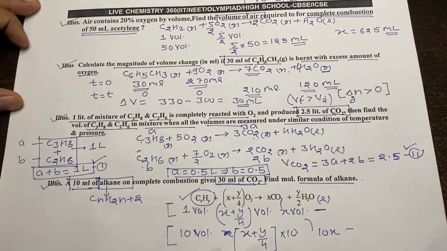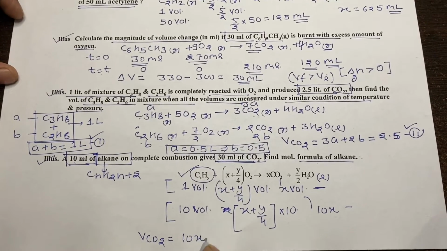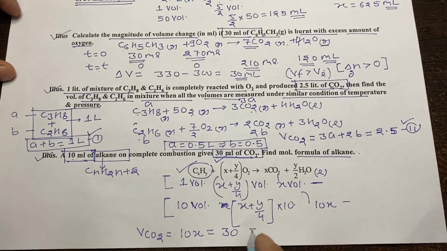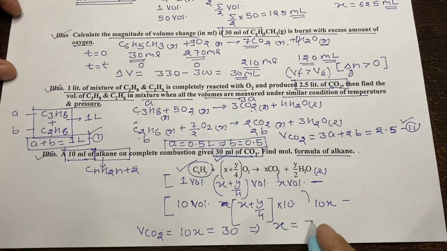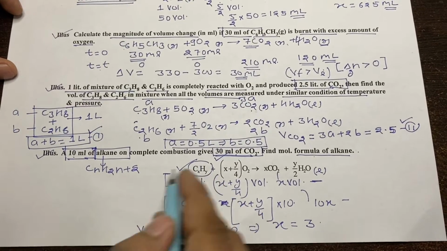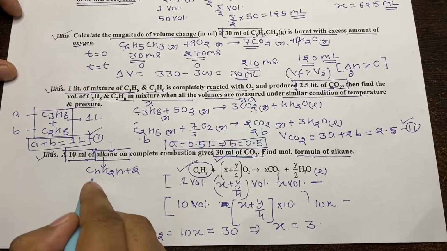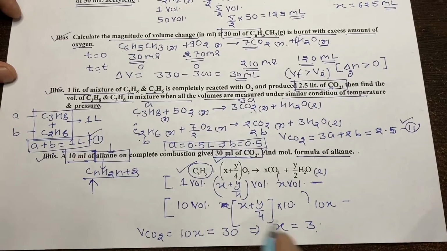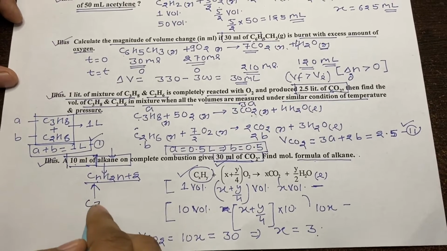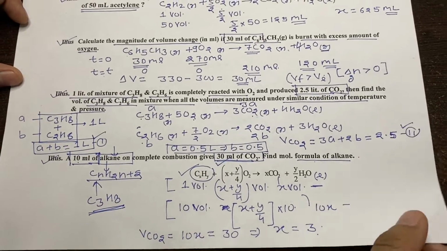So the volume of CO2 produced as per the equation will be 10x, and this will be equal to 30 ml, which is the volume of CO2 given. On solving, you will get X equal to 3. X is basically the number of carbon, and the formula of alkane is to be calculated. So we substitute the value of X as 3 in the general formula, and we will get C3H8, the formula of the alkane.